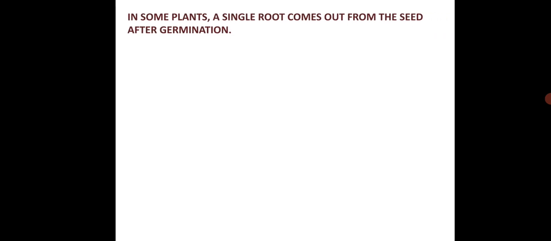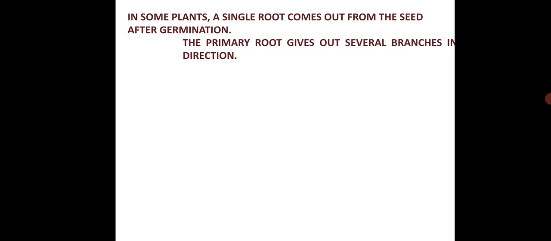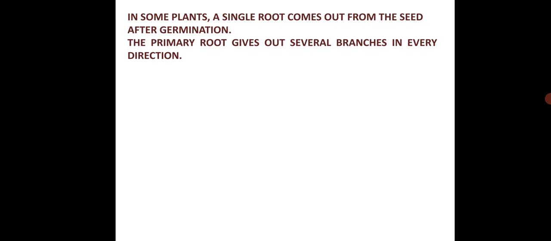In some plants, a single root comes out from the seed after germination. It is thicker at its upper part and generally tapers downwards. The primary root gives out several branches in every direction.